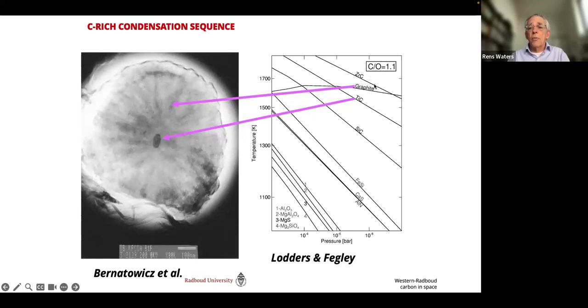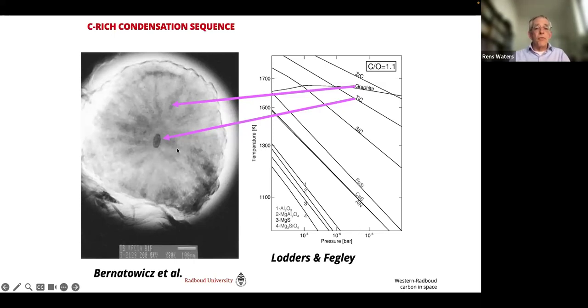All these lines depict where, at that particular temperature and pressure, a particular material goes from the gas phase to the solid phase. Apparently in this diagram, under these conditions, graphite and titanium carbide require temperatures of a bit more than 1500 Kelvin, and pressures of the order of 10 to the minus 8 or 10 to the minus 7 bar in order to condense.